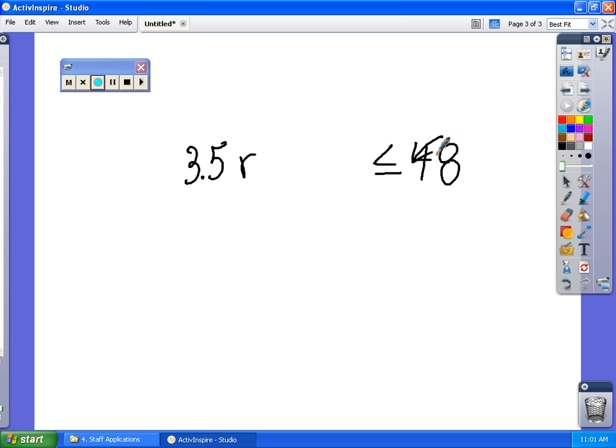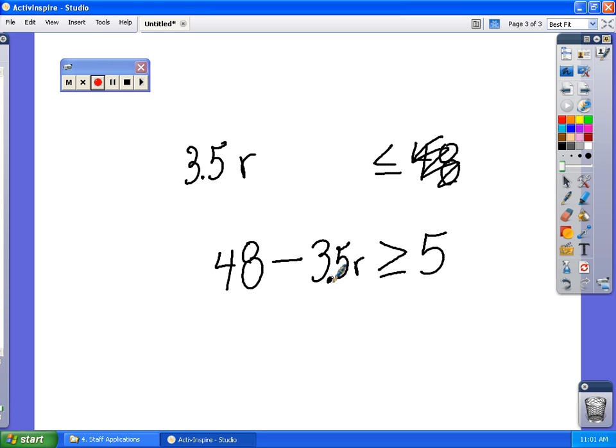The answer isn't that he wants to spend at least 48. He wants to have at least, so when he's done spending money, he wants to have equal to or greater than $5. So now I think when you spend money, you start off with a total, 48, and you're going to subtract by the number of rides you go on, which would be 3.5 R. So now, I'm just going to subtract 48 from both sides.